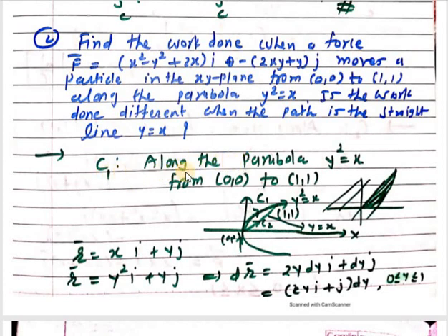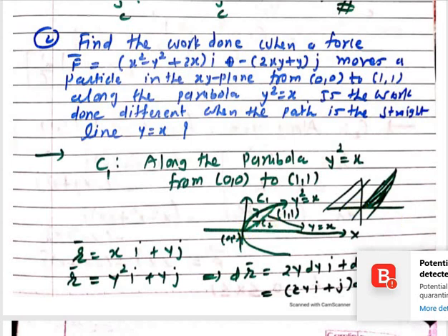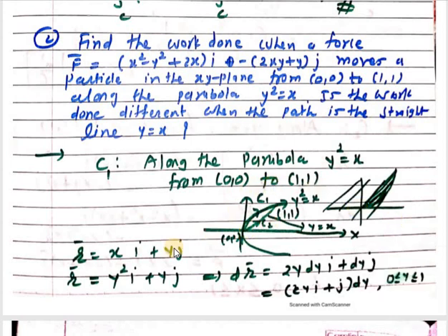So here I'm going to recall all the quick steps. C1, that is along the parabola, y square is equal to x from (0, 0) to (1, 1). But here r bar, that is x i plus y j, but x is equal to y square along the parabola, so x is replaced by y square. So here dr bar can be written in terms of dy, and you can observe that the y coordinate goes from 0 to 1 only.